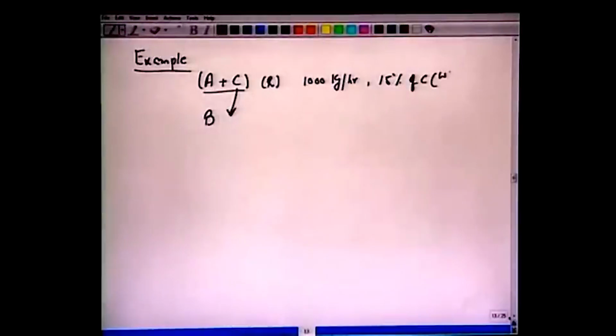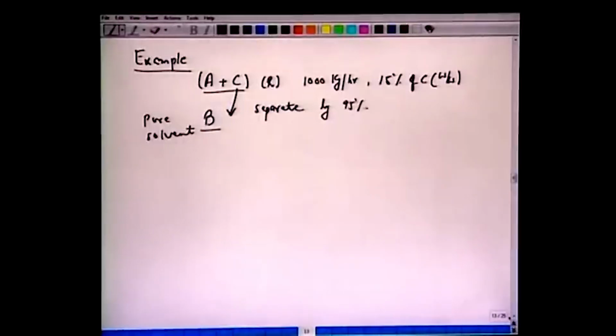weight by weight basis. So, W by W, and we have been asked to separate C using this pure solvent B. So, B is a pure solvent, and we have to separate C say by 95%, which means we remove C in this mix feed A plus C, if we call it feed R phase, by 95% using this solvent B. Okay.